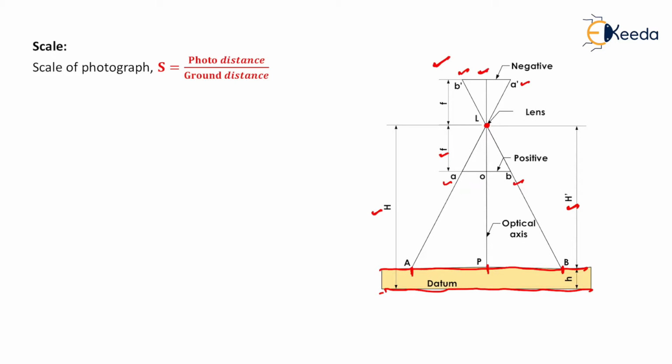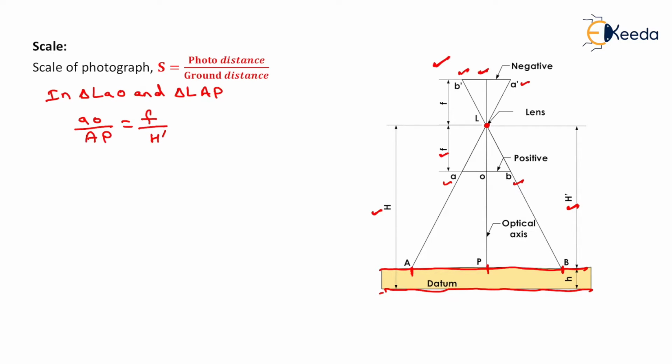Now we know that the scale of photograph is photo distance upon ground distance. Now here in triangle LAO and triangle LAP, we can say that AO upon AP will be equal to f upon H dash from the concept of similar triangles.